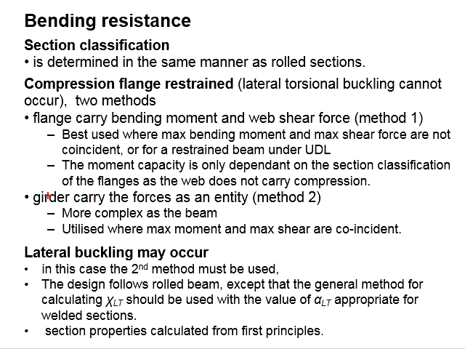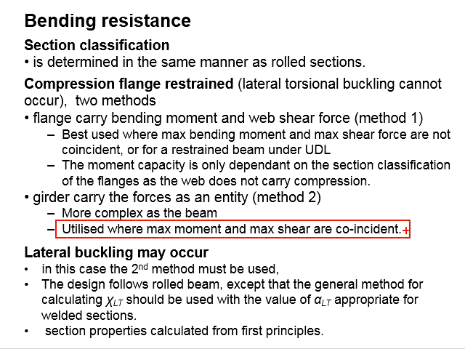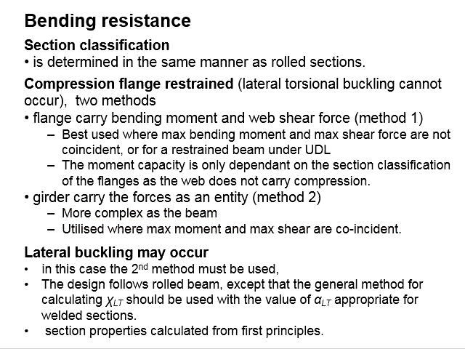Alternatively, we may consider the girder as carrying the force as one entity. However, this method is more complicated, and it can be utilized where the maximum moment and shear force are coincident. In the existence of lateral torsional buckling, method 2 must be used.